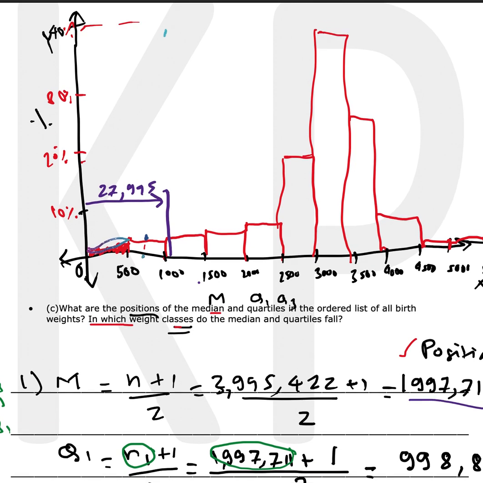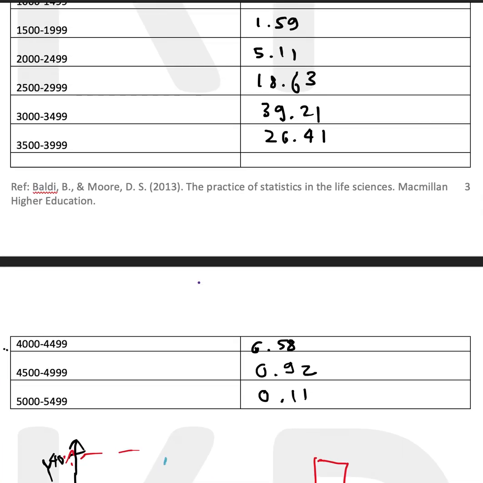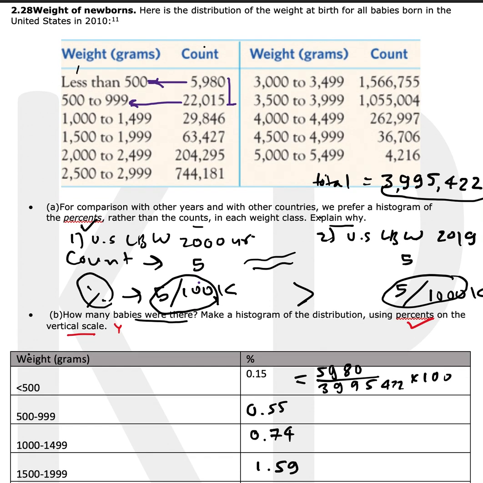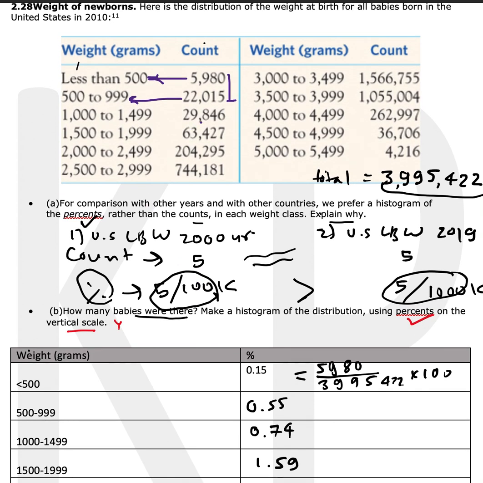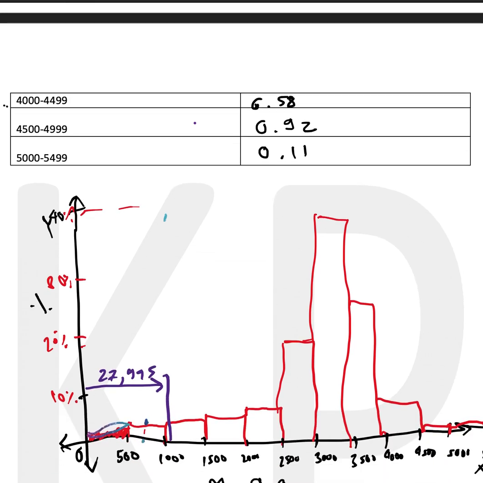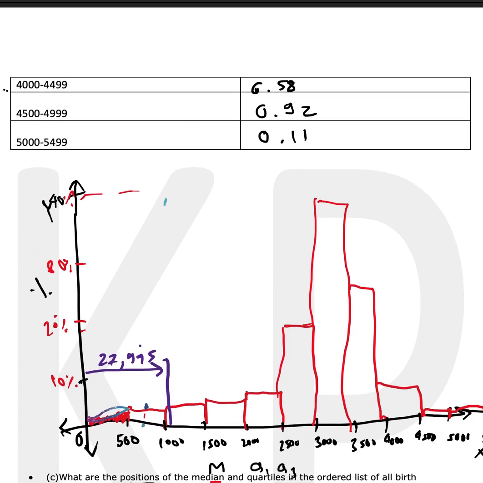So for simplicity purpose, we can just go real quick. So further, we are going to add 29,000, this value. That gives us 57,841, and that is still this point.